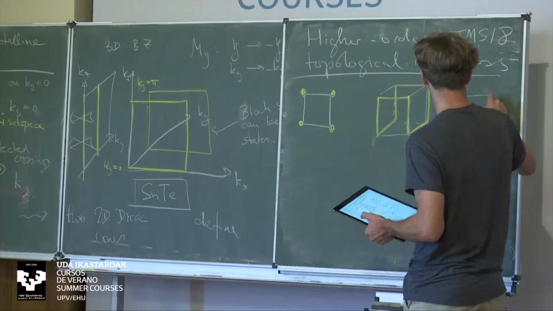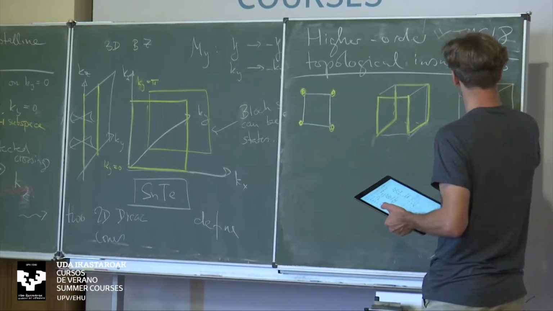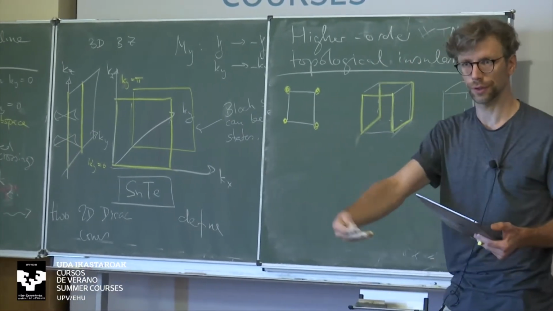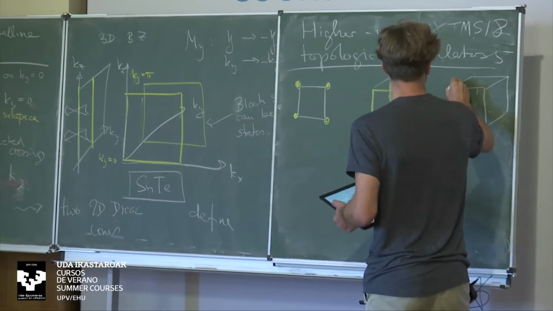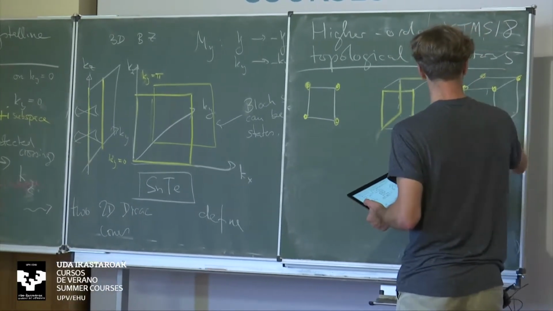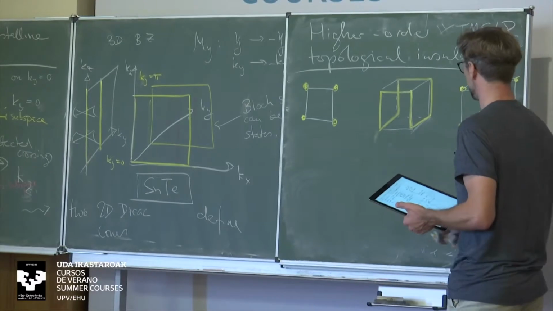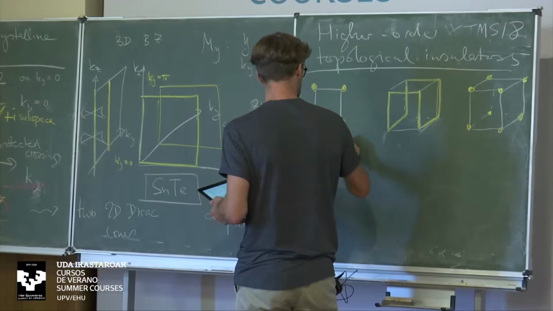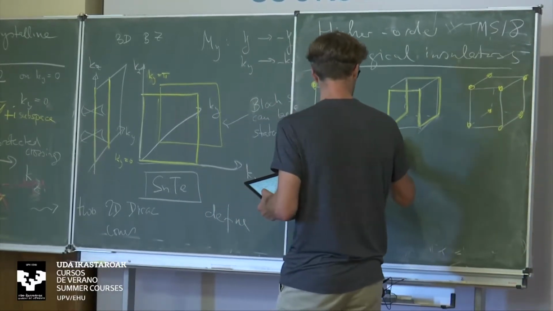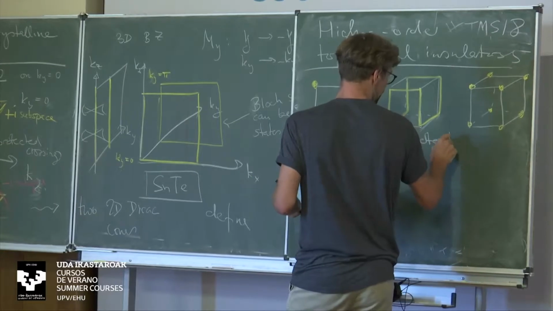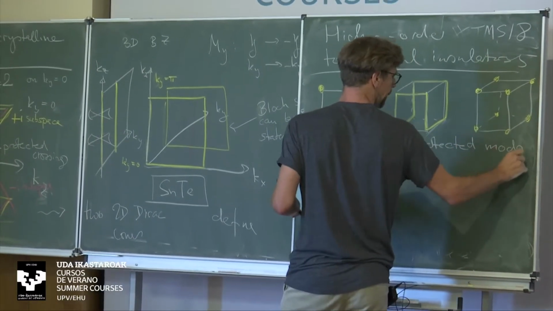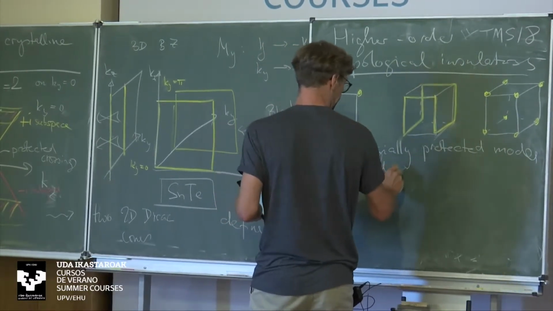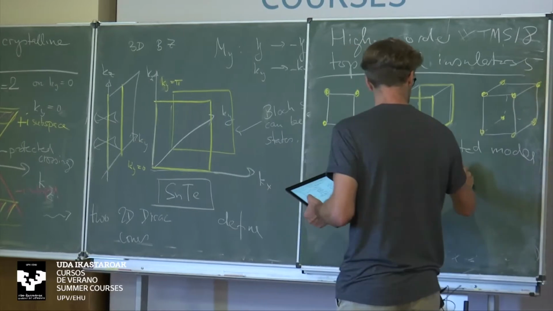And of course, there is exactly one more in the 3D world. That would be a 3D system which is gapped in the bulk, on the surface, on the hinges, but has corner modes on all the corners of, say, a cube or so. So the general idea is to find topologically protected modes on higher order boundary components.